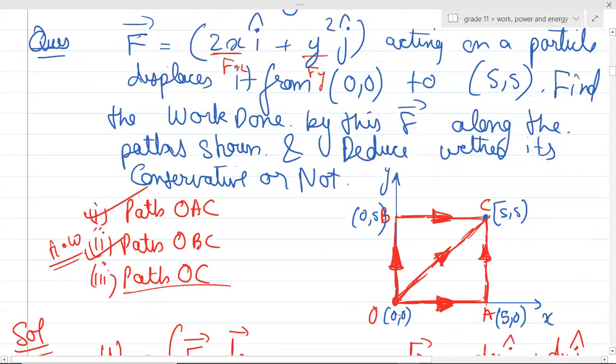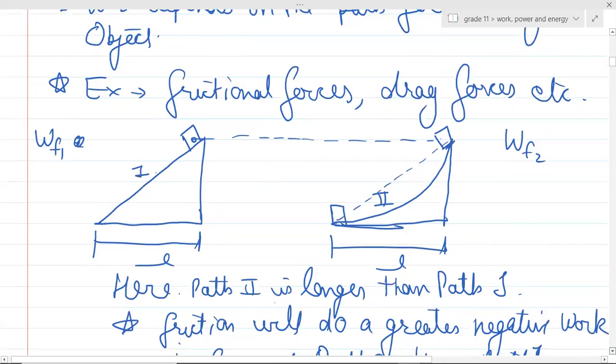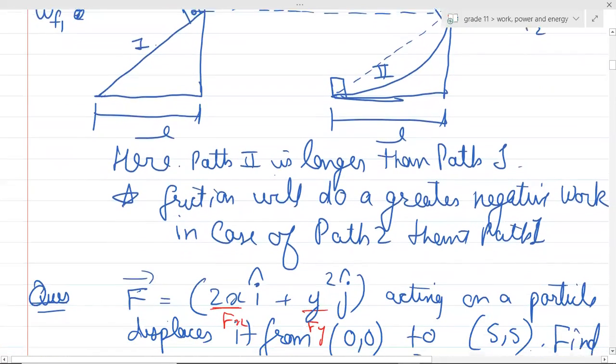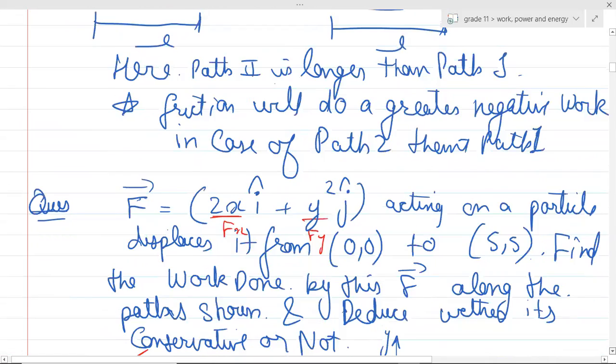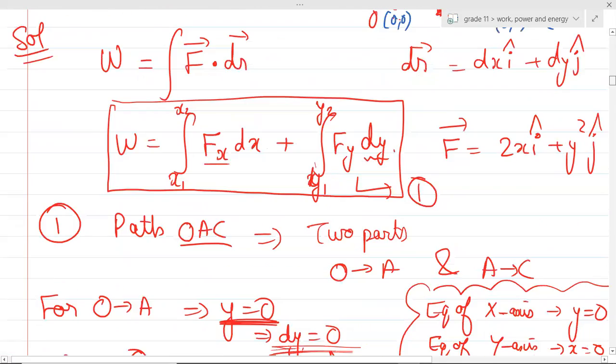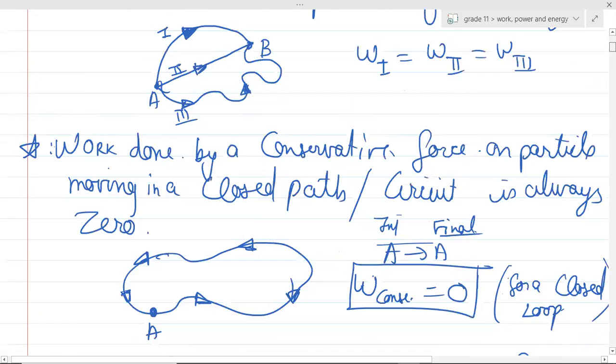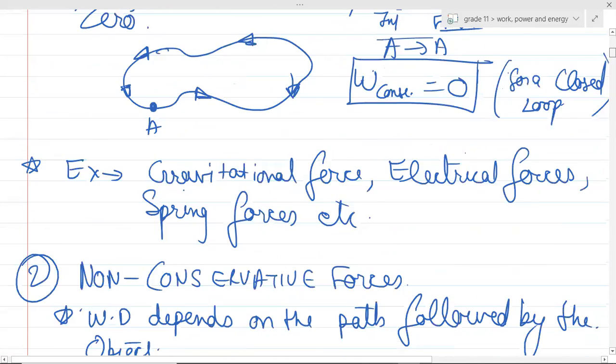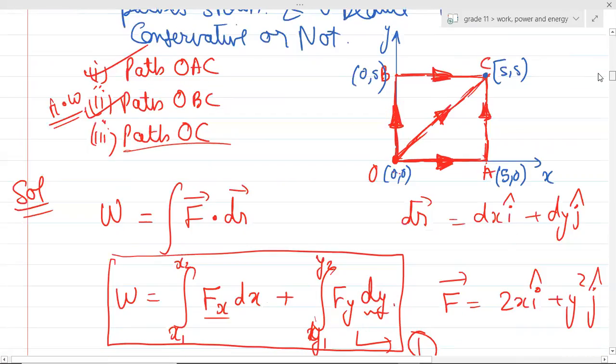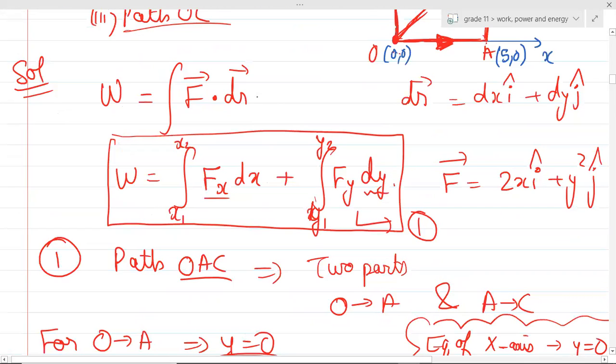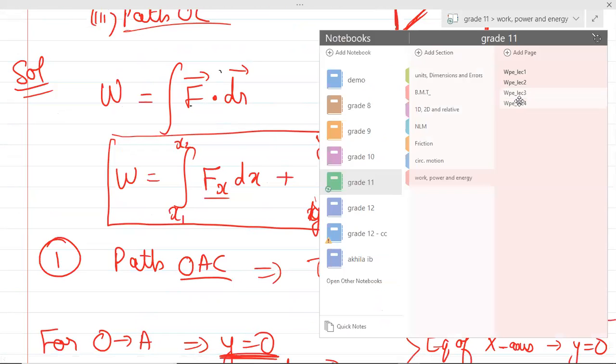When we started discussing conservative and non-conservative forces? Can you see, guys? Do you remember the work done was integration of F dot dr? We wrote it like this, and dr vector we wrote it like this, and then F r we wrote it like this, and then integrated, right? So the same thing we can do again over here.